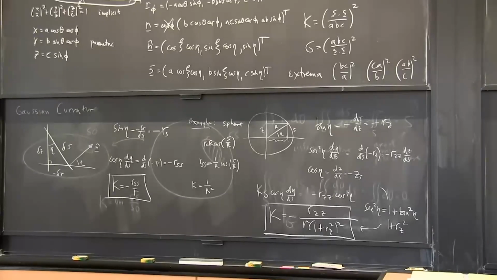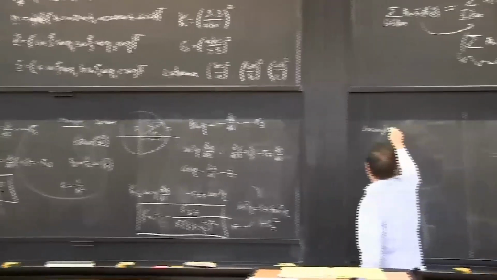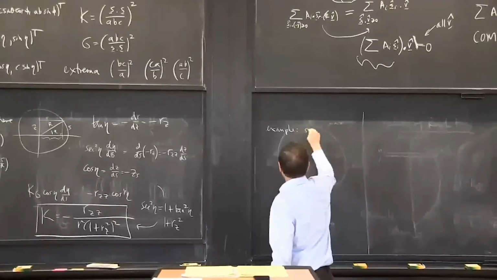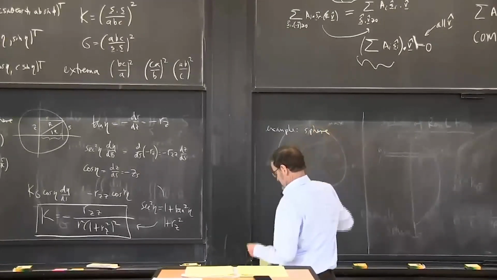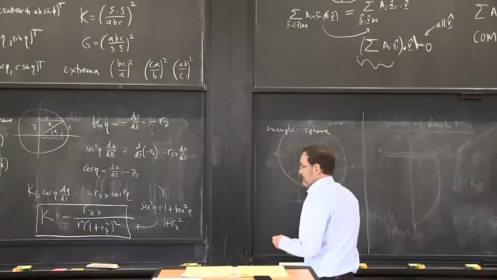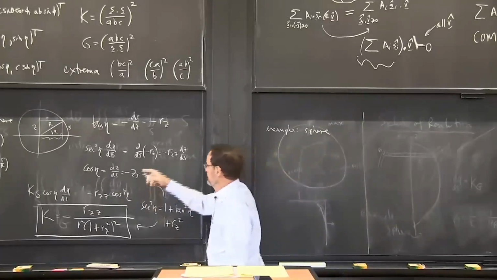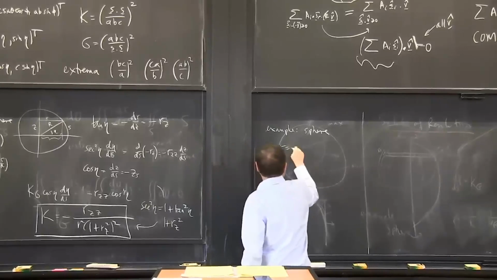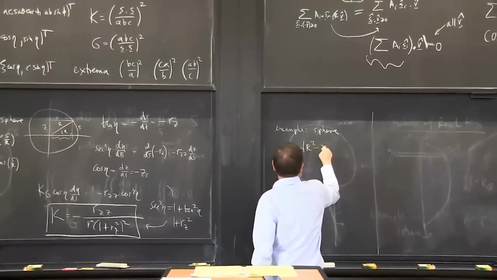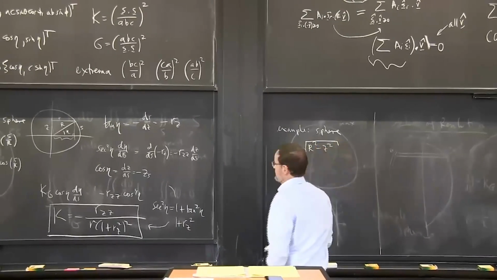If your generator curve is given as r as a function of z instead of r as a function of s. And again, we can apply this to an example just to have a sanity check. So in the case of the sphere, we have r is the square root of R squared minus z squared, right?